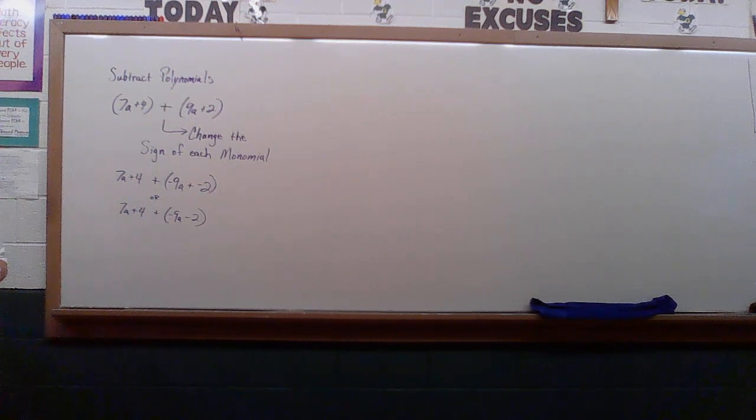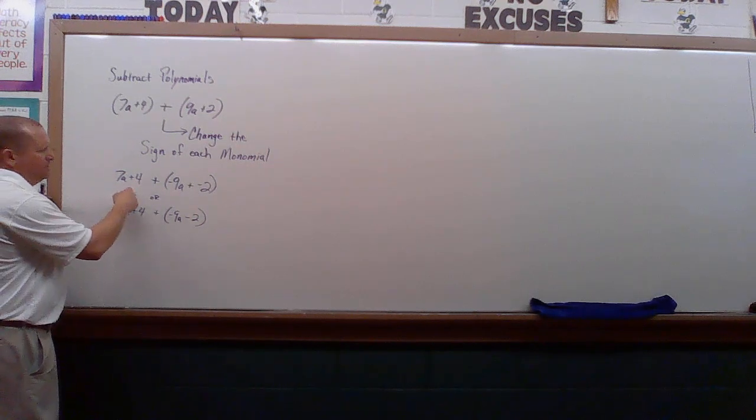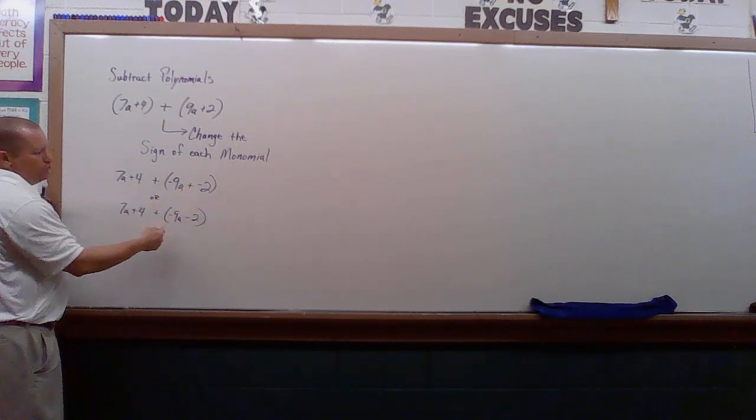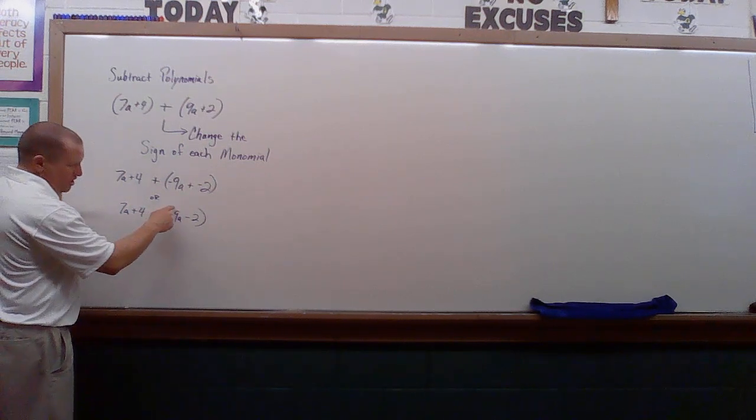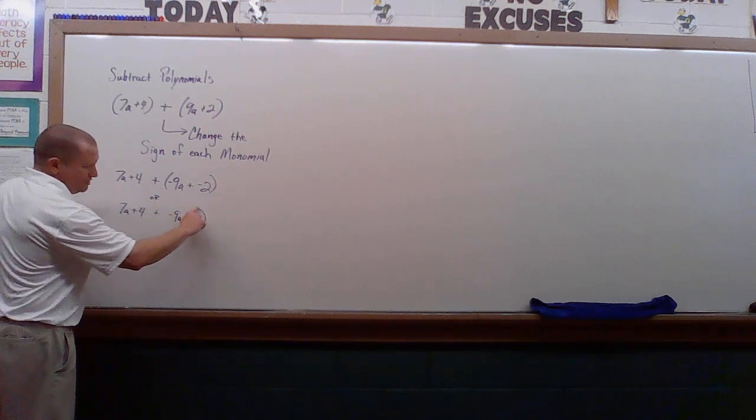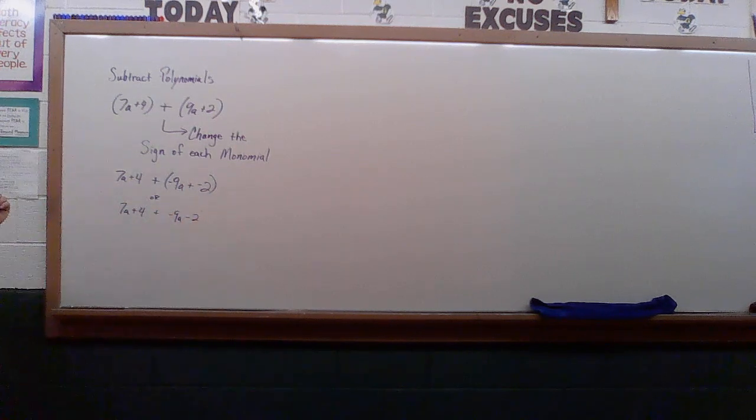Now, realistically, after I do this keep, change, do I really need to keep my parentheses in the problem? Not really, okay? So if you want to, you can also take those parentheses away from the problem too. And now we're right back to what we were doing yesterday, right? Okay, so we can do it any of the three ways.